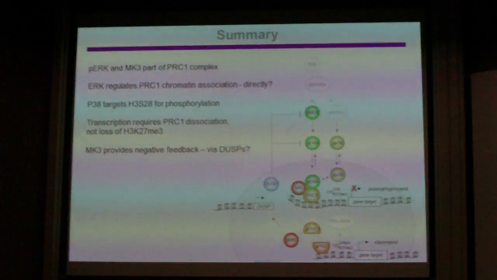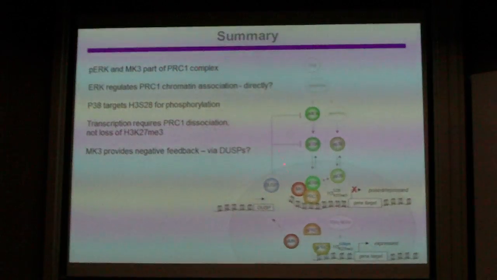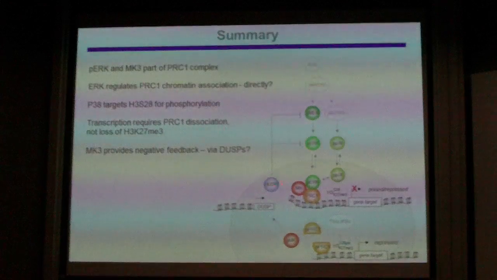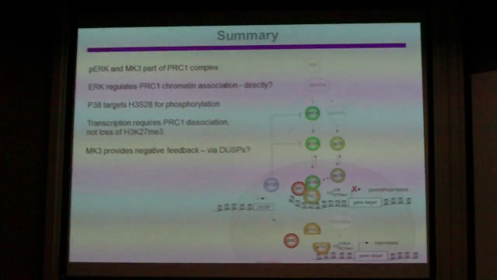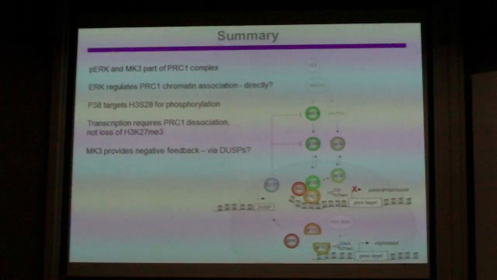So to summarize this, we've seen that phospho-ERG and MP3 are part of the polycomb complex, so they interact. We see that ERG regulates PRC1 association, but not serine 28 phosphorylation. And we've seen that P38 targets H3 serine 28 for phosphorylation, and that the derepression requires that polycomb dissociate.